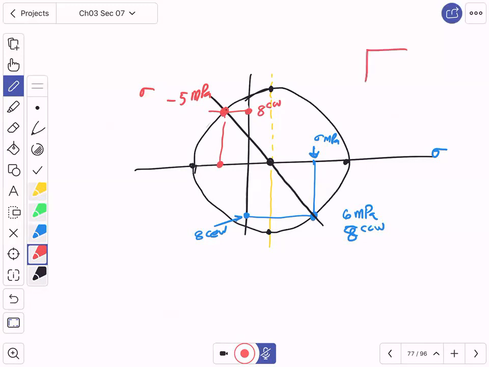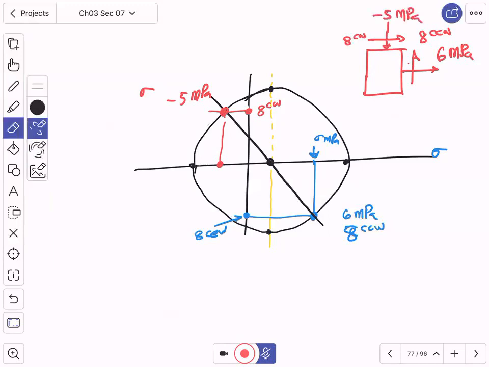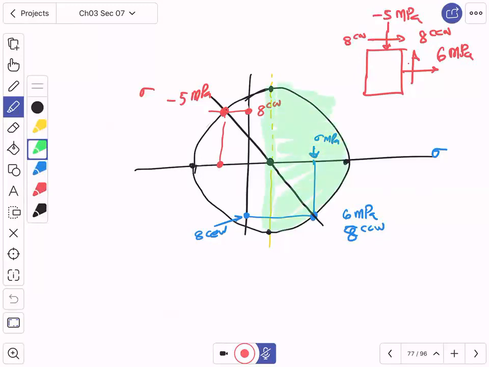Now, if you look at the element, the face that has 6 megapascal is the X, and this one 8 counterclockwise, while Y will have 8 clockwise and -5 megapascal. So automatically, we ended up having this part representing the X face and this part representing the Y face. Done?